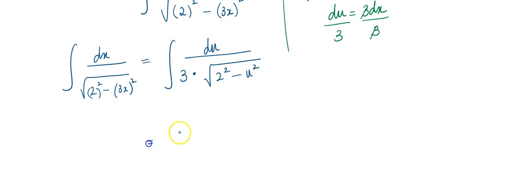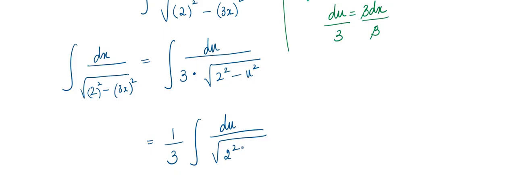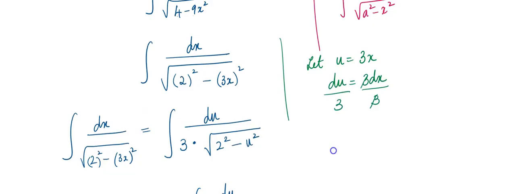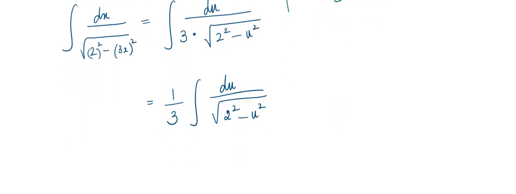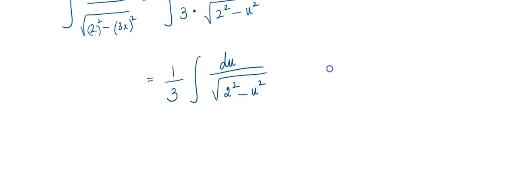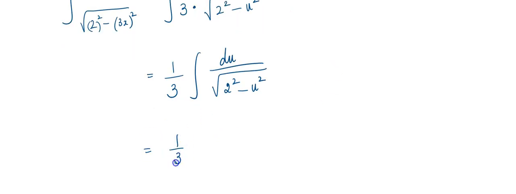Now, because the 3 is a constant and 3 is happening in the bottom, remember to pull it out as 1 over 3 du over square root of, you can write it as 4, but I'd like to keep it as 2 squared minus u squared, only because that is the way it resembles this format. So I can see the a very clearly to be 2. Otherwise, we might incorrectly mark it as 4. All right, so that's going to be 1 over 3 times sine inverse of x over absolute value of 2 plus c.